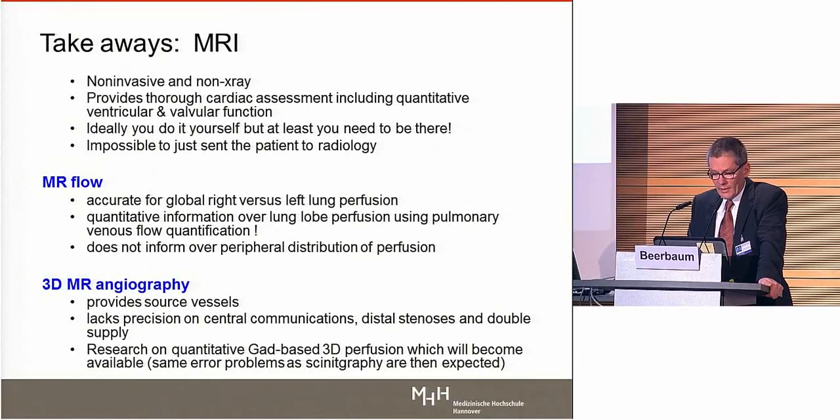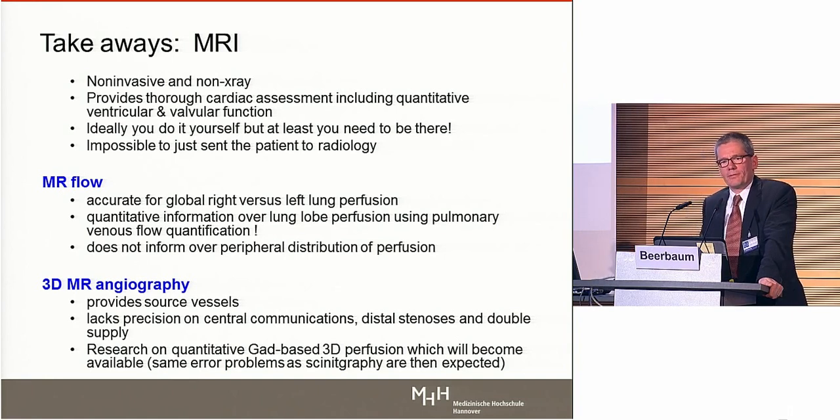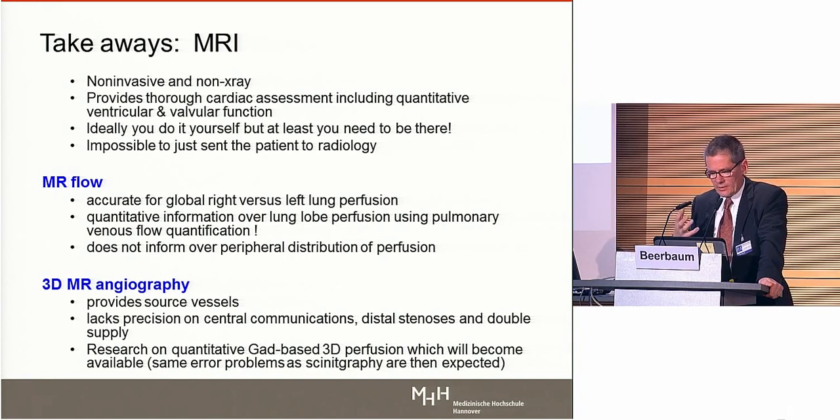On MRI, obviously non-invasive and non-X-ray, you've got a very thorough assessment of the whole cardiovascular system. You get ventricular function, valvular function, also very decent information on the anatomy of aortopulmonary collaterals, for example, and central pulmonary arteries. However, the 3D information isn't as good as CT, and you need to make a good decision whether you want to use it or not.